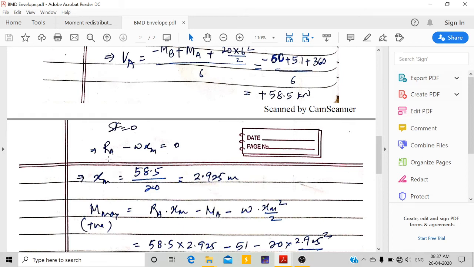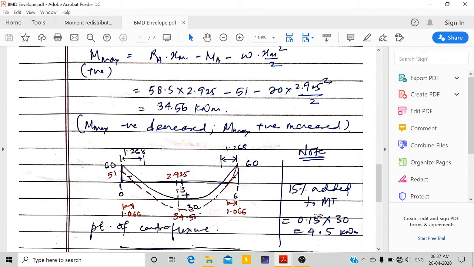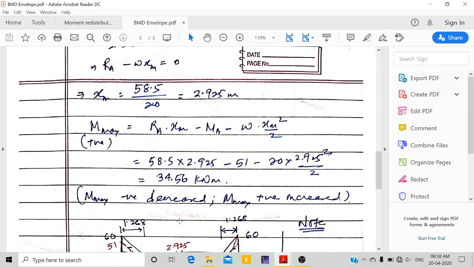So RA minus W into XM equals 0: 58.5, that is VA, divided by W, which is 20, gives 2.925 at this distance. Before, it was at the center, 6 by 2, that is 3, where the maximum bending moment 30 was. Now the maximum bending moment has shifted to 2.925 from here.